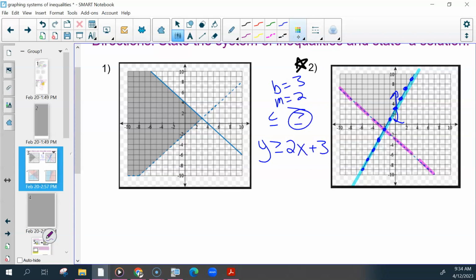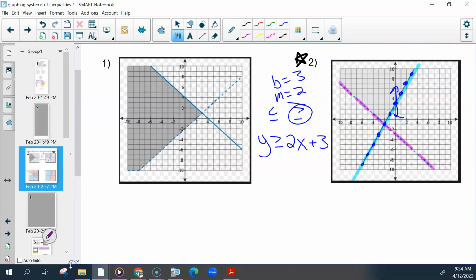So let's find the y-intercept of that first. I know it's really small, so use your eyes to the best of your ability.